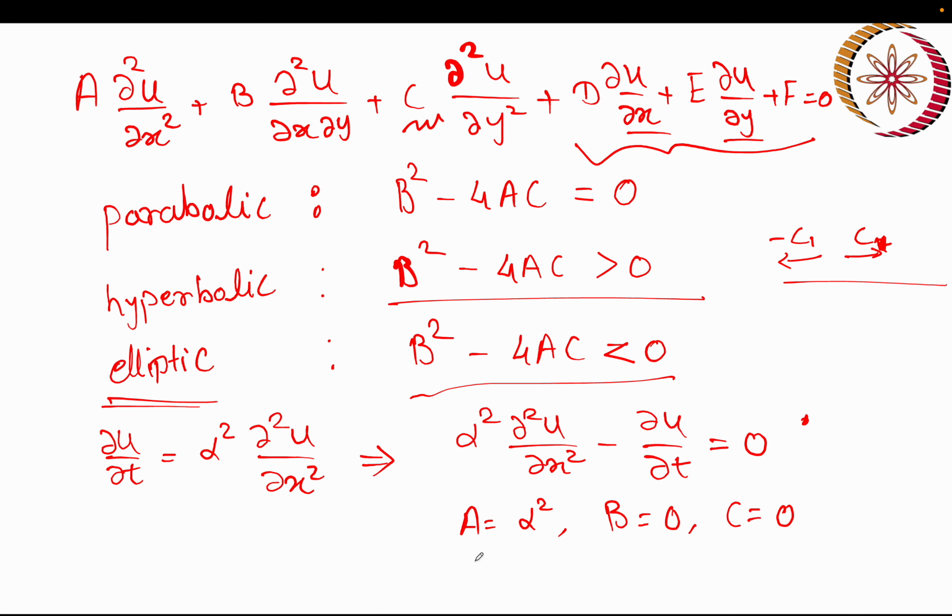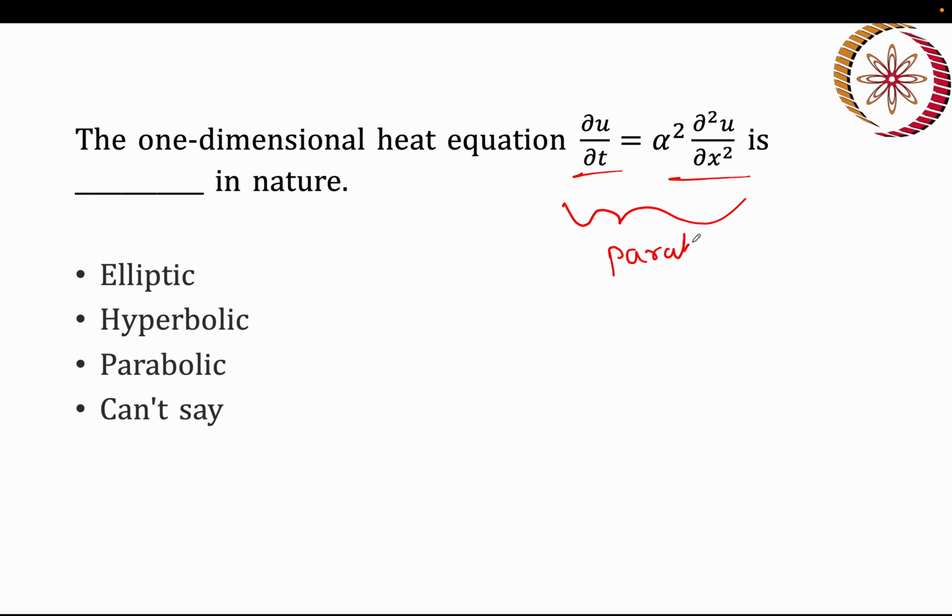If we compute b square minus 4ac, b square is 0, so it will be 0. So in this case it is 0, so this equation is parabolic. This is the correct answer.